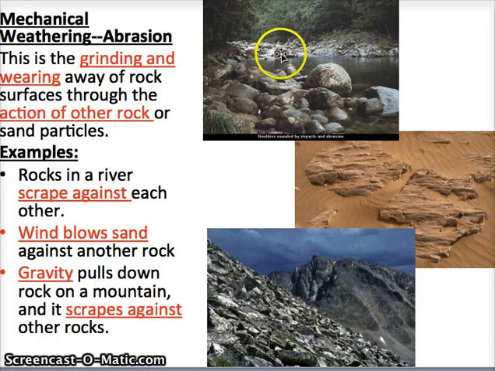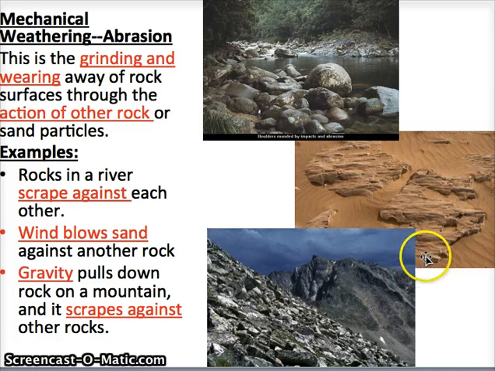The water also causes abrasion because the force of the water actually tears away or grinds away at some of the surfaces of this rock, and that's why some of these rocks are round in shape. It's because of the force of the water, and that's causing the rocks to wear away.